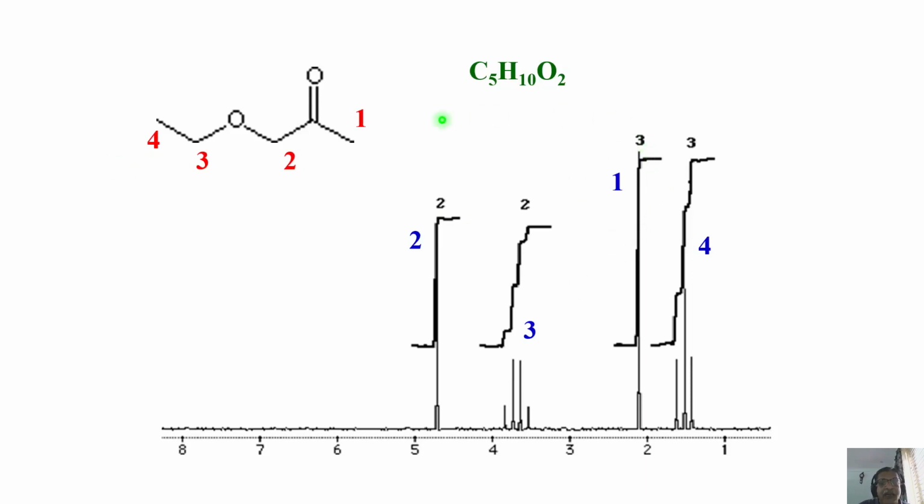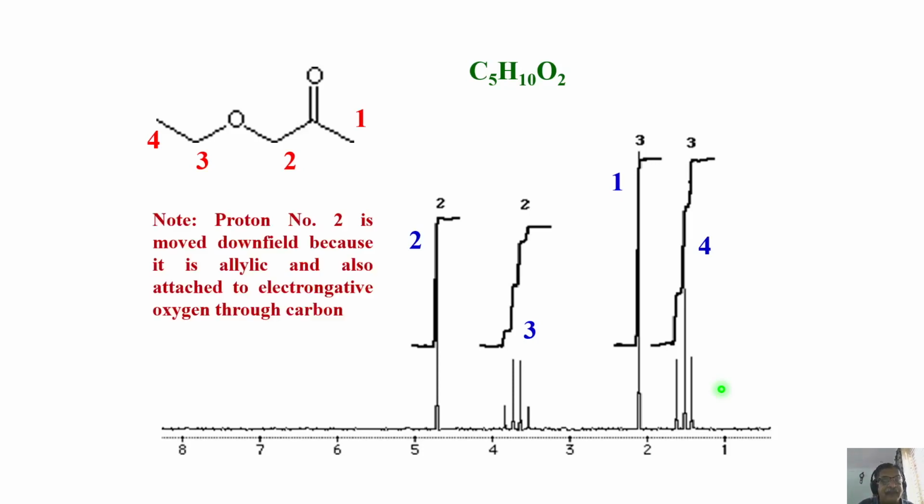This is proton 1, uncoupled, and does not couple to anything. This is proton 2, which also does not couple to anything. This is proton 3, the CH2 coupled to CH3. This is the CH3 coupled to CH2. As a consequence, there is multiplicity. So, very simple analysis. This is where we can start analyzing the spectrum very easily.